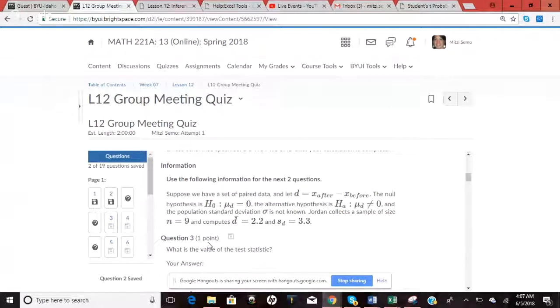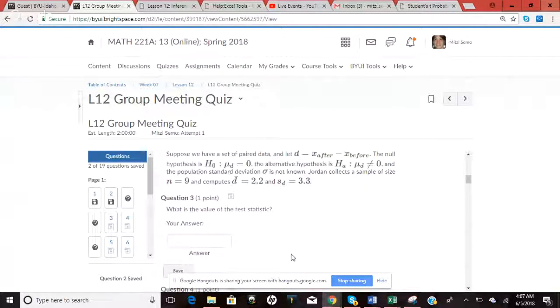Suppose we have paired data, and the null hypothesis is that the mean difference is zero, and the population standard deviation is not known. What is the value of the test statistic?